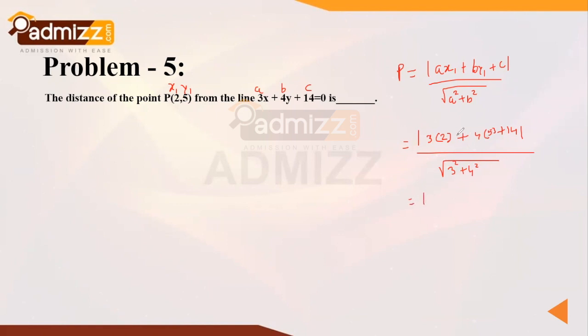Now the simplification gives 6 plus 4 into 5 is 20 plus 14, the whole divided by under root of 3 square plus 4 square, that is 9 plus 16, that is 25. So under root of 25 is 5, and 6 plus 20 plus 14 is 40. Now since it is positive, I will remove the modulus sign and take only the positive value. So 40 by 5 gives you the answer as 8 units.